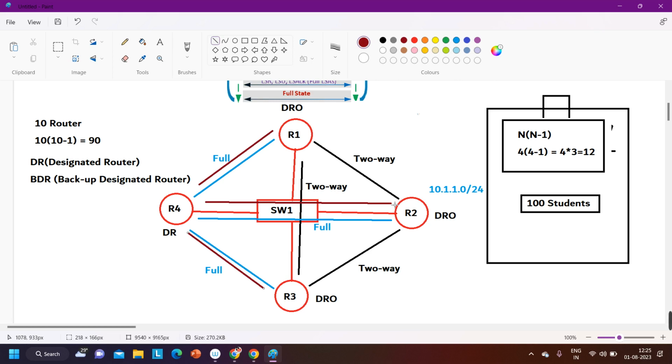Now the question is which router will become DR router.